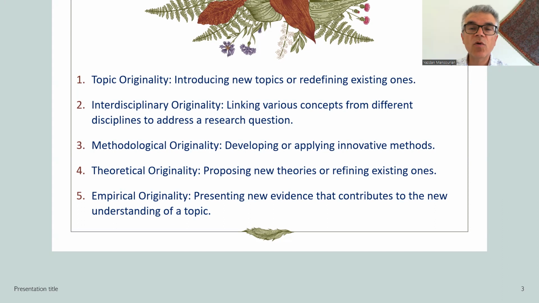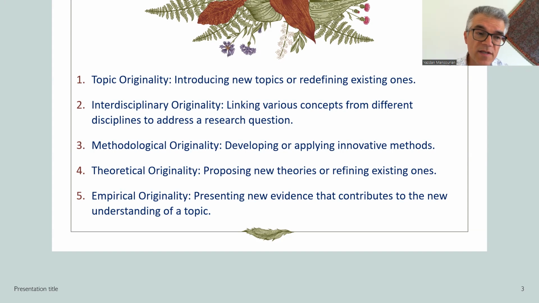Or if there are some qualitative studies, then you may look at your topic from one of the qualitative methods which is not very common in your discipline. So, for example, if there are many papers using grounded theory, you are using phenomenology. So, by clarifying your methodological perspective, then you can justify the originality of your research.